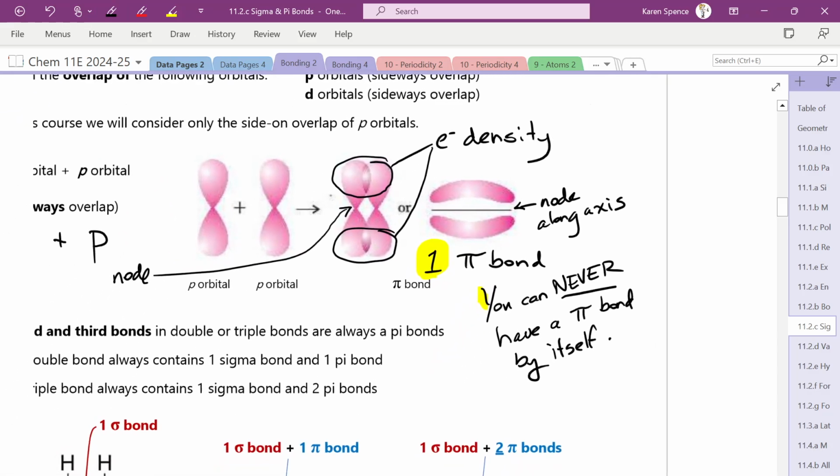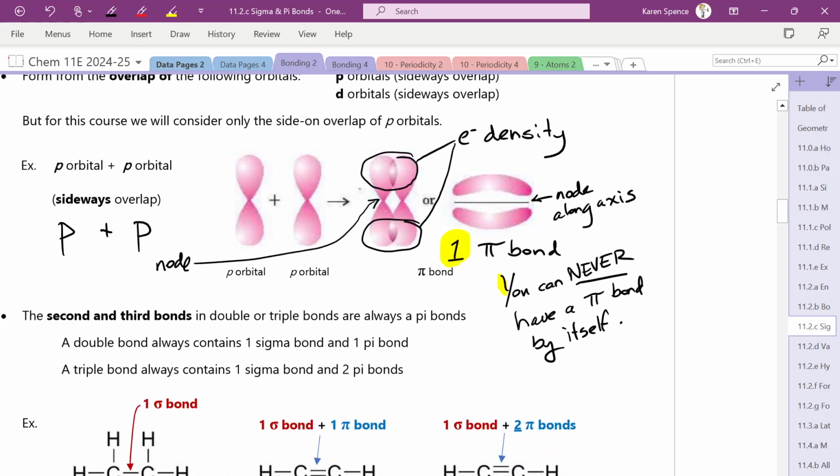So, here's the deal. The second and third bonds in a double bond are always pi bonds. You have a pi bond, and you have a sigma bond along with it.